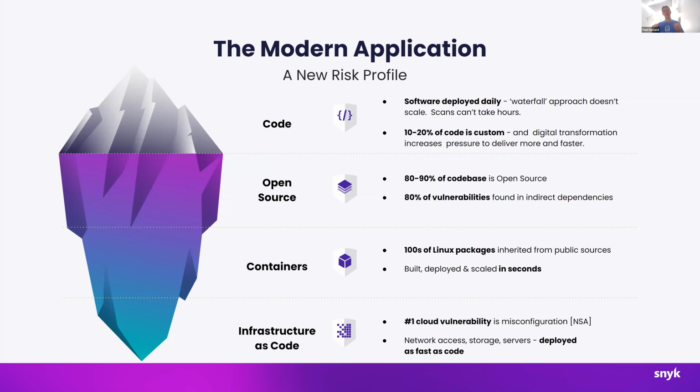We also look at the open source, and this can take up to about 80 to 90% of the lines of code in a modern cloud app. Now, we all know that open source ages like milk, not wine. So the longer you leave it, the more stale it goes. So you need a scalable tool that's always looking at the open source, that's always showing you when vulnerabilities have been found or when you've introduced new vulnerabilities. And that's what Snyk can help with as well.